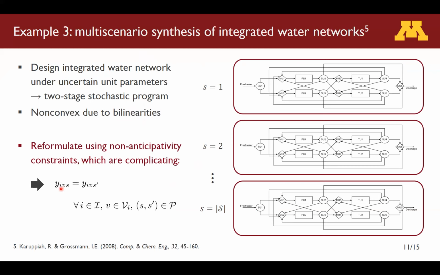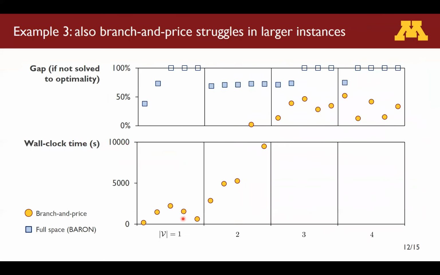So in this case, the first stage decisions are binary. So y_{i,v,s} here is a binary variable that is 1 if unit i with size v is installed in scenario s. And then here you can see the set P here is my set of indistinguishable scenarios.